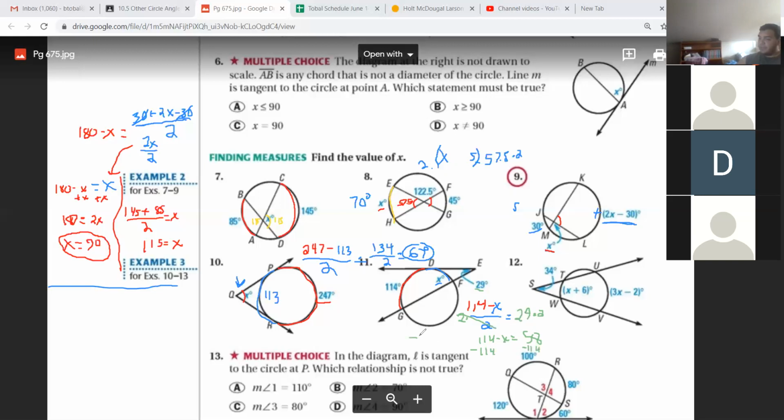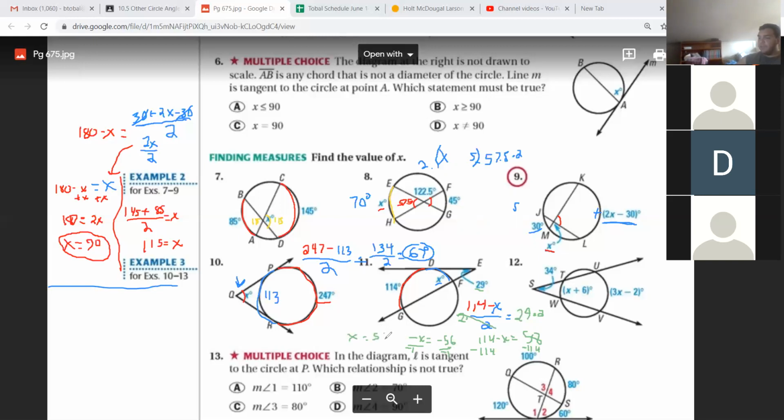We get negative X equals negative 56. Then I don't like negatives, so I'm going to divide negative 1 on both sides. Not that I don't like negatives, I don't like negatives next to my variables. So I take that out. So X ends up being 56.